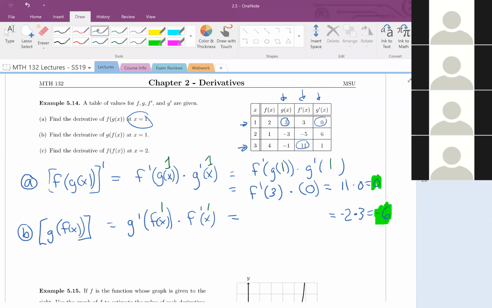Okay, how do we do that? So we have g prime, and now we're doing f of 1 on the inside right here. So when we do f of 1, we get a value of 2. And then when we plug in f prime of 1, we get a value of 3.